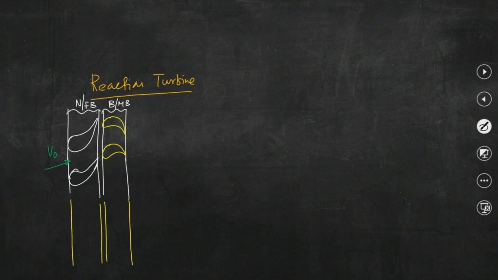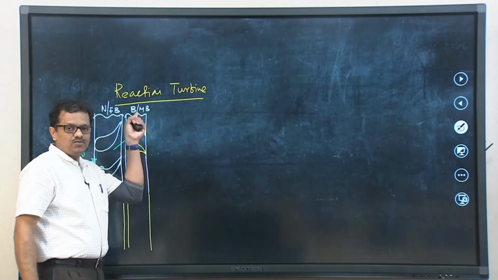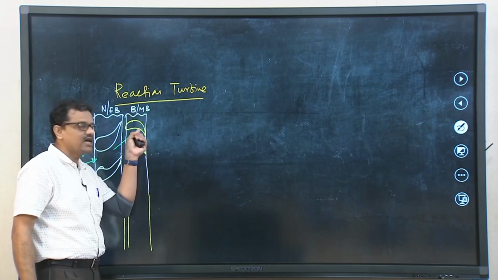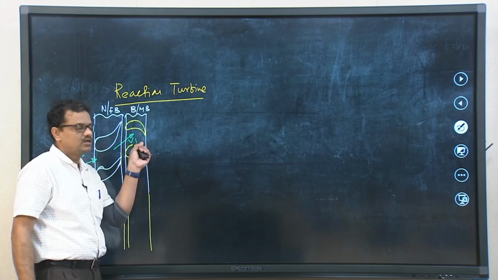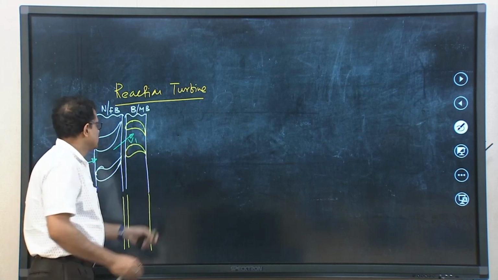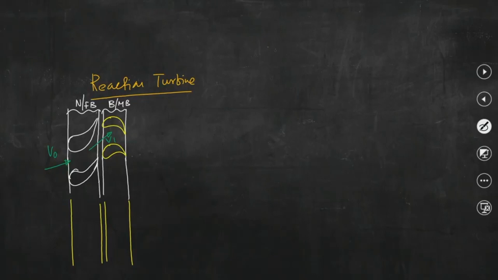So, say the velocity is v1. When steam enters the row of moving blades, it gets deflected by the moving blade, and say this velocity is v2.